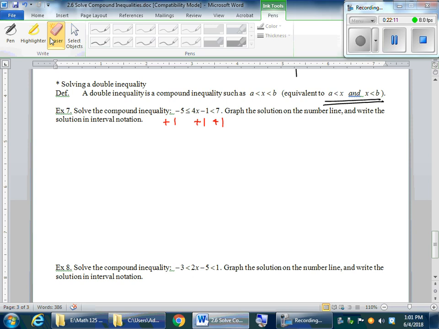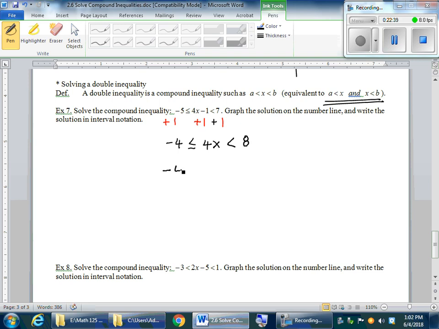So now that gives us this answer, which is negative 4 is less than or equal to 4x less than 8.